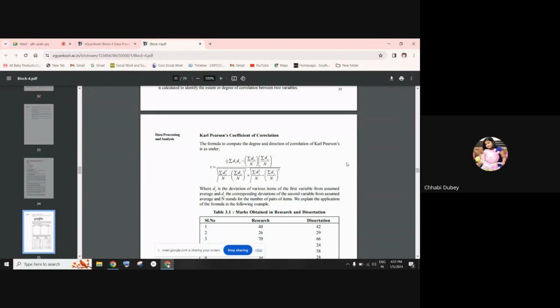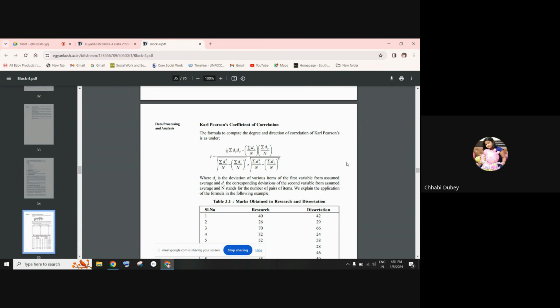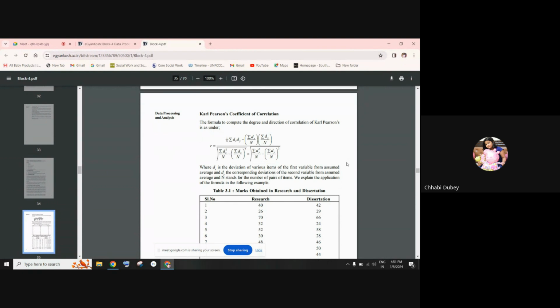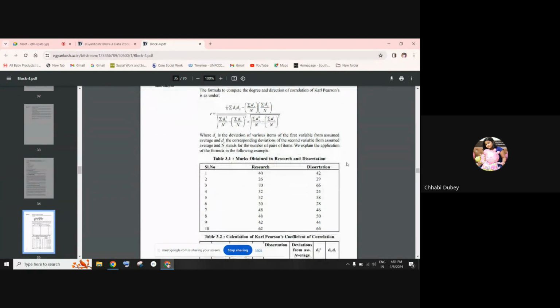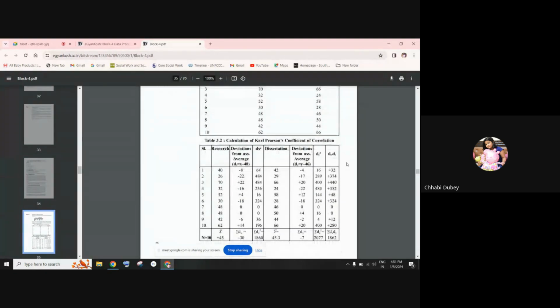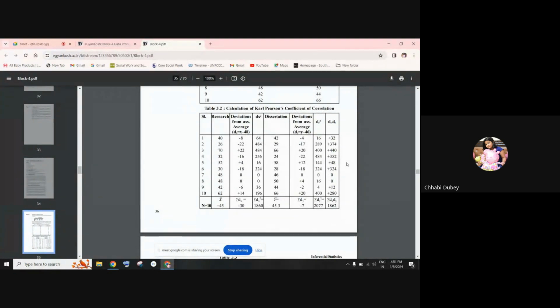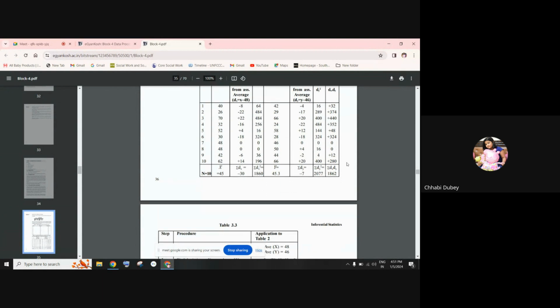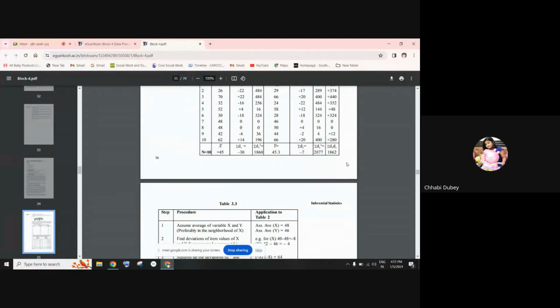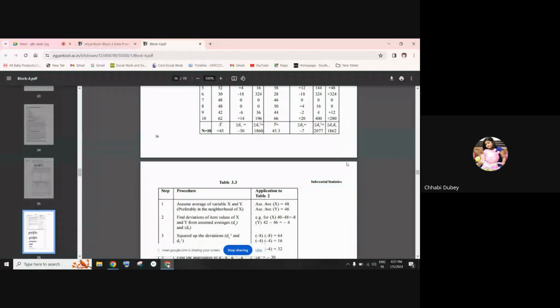So we have to calculate all these values and apply the formula if we want to get Karl Pearson's correlation. This is something we use when we have to find out the relationship between two or more variables. This is the table that they have given in an example, and how you can calculate the various values and apply them.